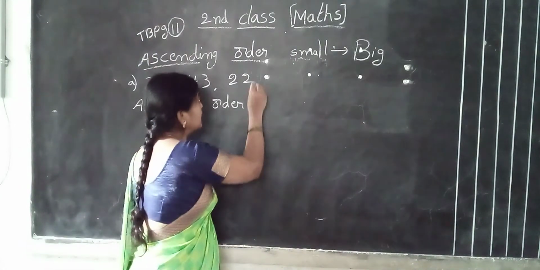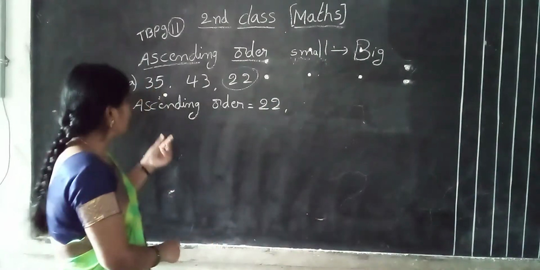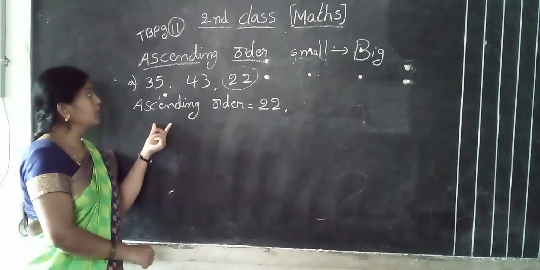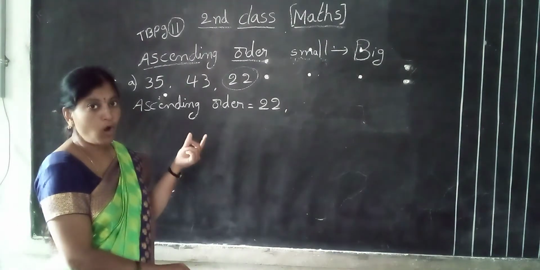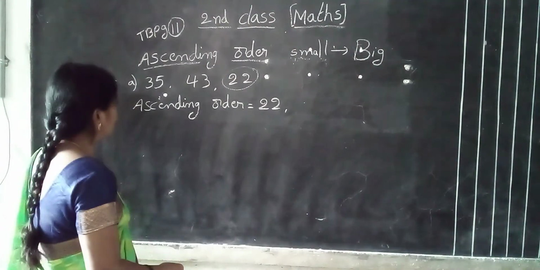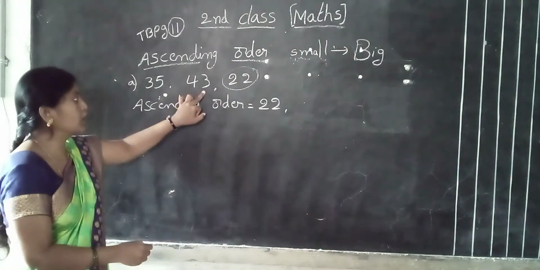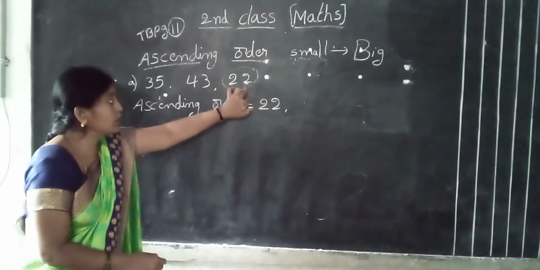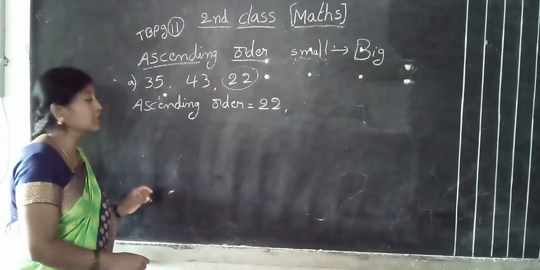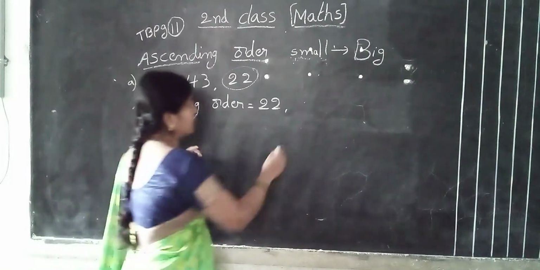So that we write 22. So ascending order means first we write the smallest number. Okay, children? Next smallest number, 35 or 43. 22 is already over. So in 35 and 43, which one is the smallest? 35 is the next smallest number.